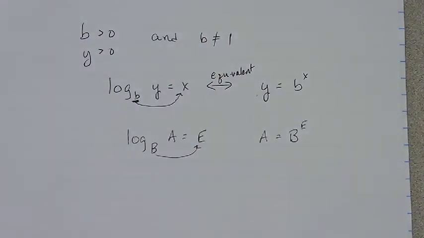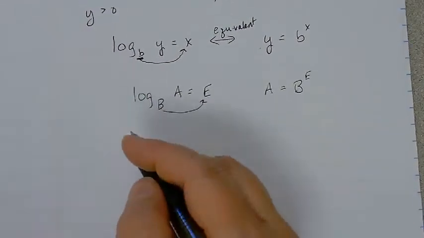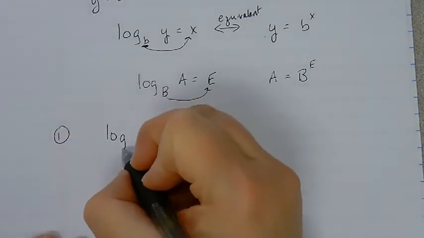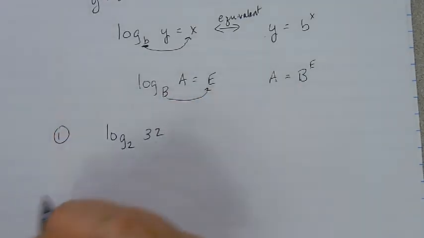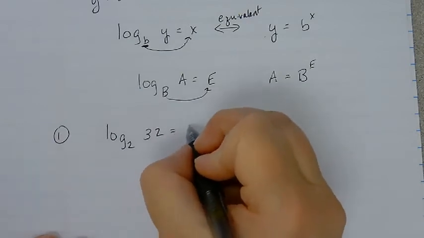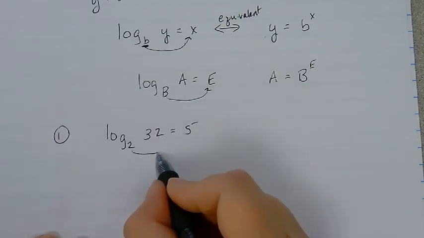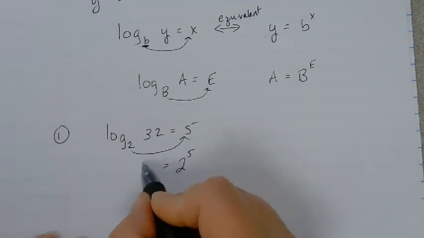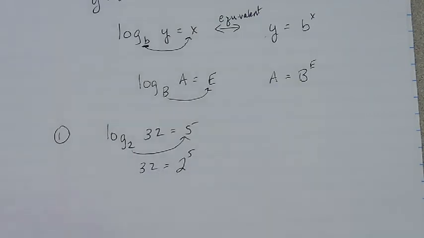So here are some examples of how we can rewrite logs. Example 1, log base 2 of 32 equals 5. So this means that 2 to the 5th power equals 32.